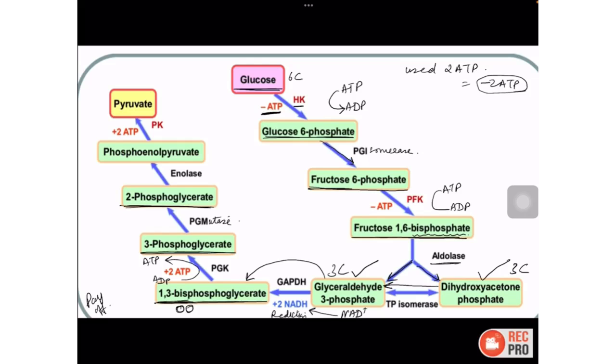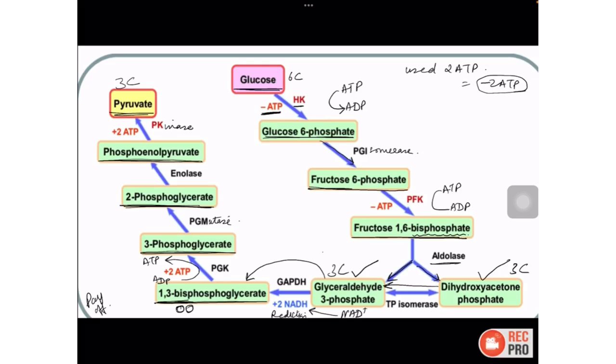Then enolase will convert 2-phosphoglycerate into phosphoenolpyruvate. Then phosphoenolpyruvate will get converted into pyruvate, which is again a 3 carbon compound, by the enzyme pyruvate kinase, right?